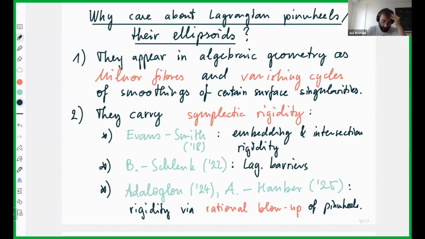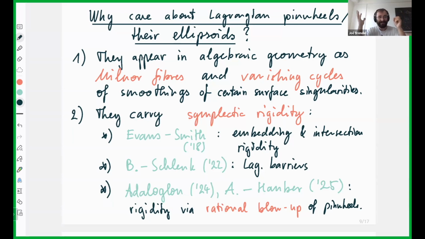And this is actually related to the first point, because in algebraic geometry, there's a theorem telling you, if you have a smoothing of a certain singular surface to CP2, which surface that has to be. This is due to Hacking and Prokhorov. And the idea behind Evans and Smith is that if such a smoothing exists, then in the symplectic world, you should see its vanishing cycle still living in CP2.